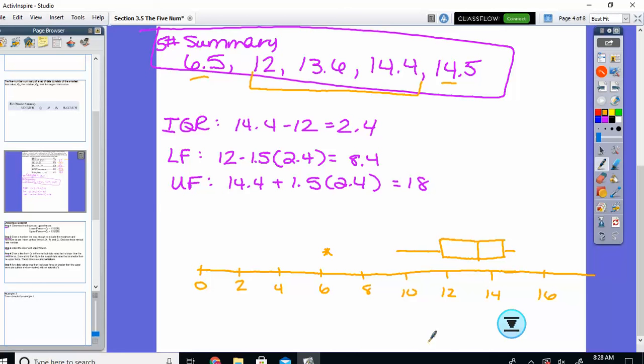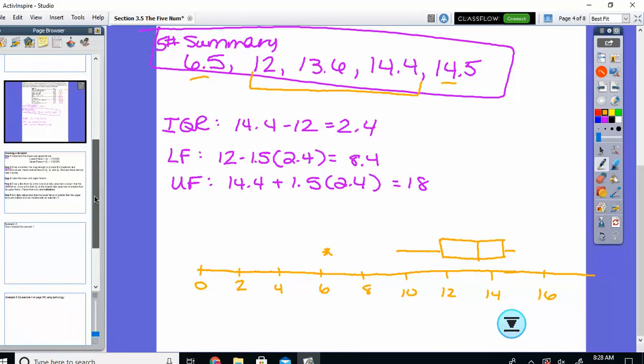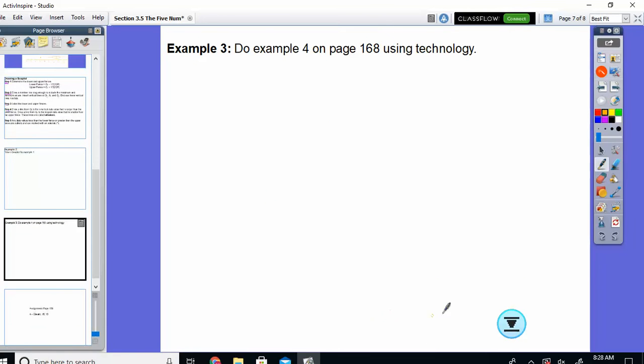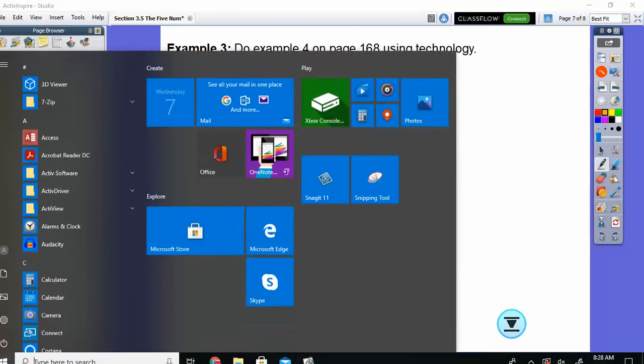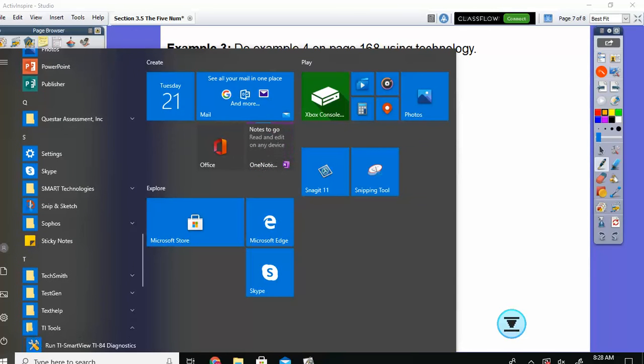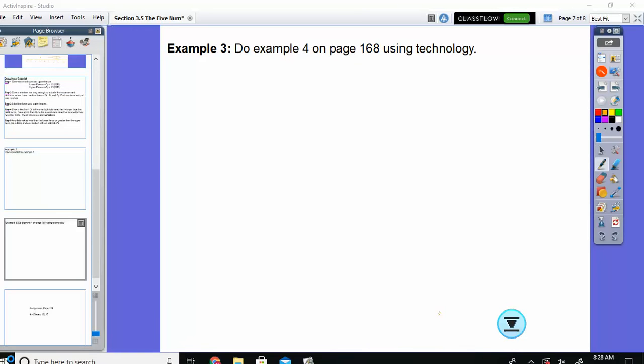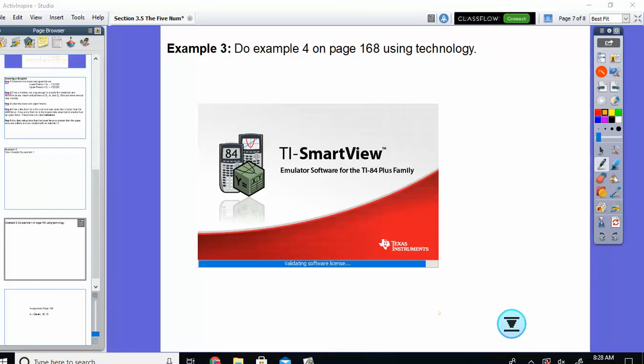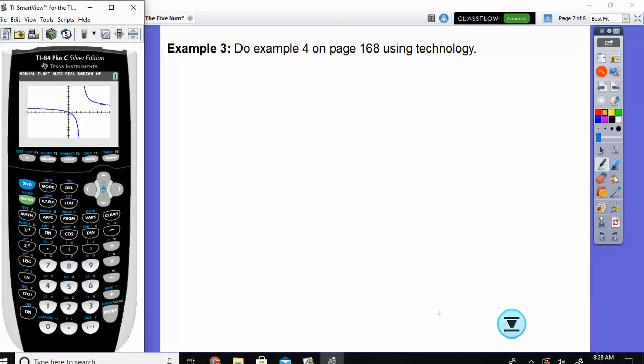The last thing I'd like to do is talk about doing these on a calculator, if you wanted to. So we're just going to do one out of our books. If you look at page 168, example 4 there. Okay, so what we're going to do, I gave you 2 sets of data here.